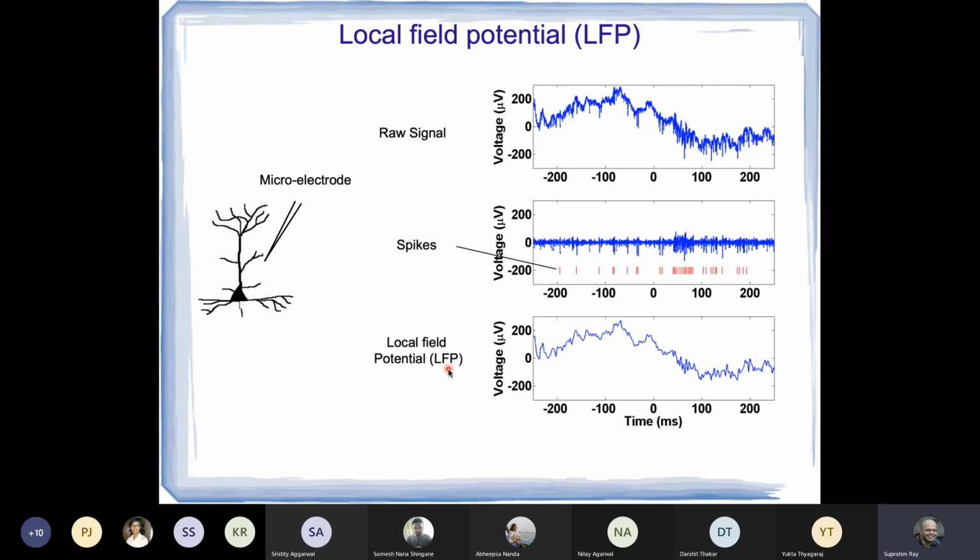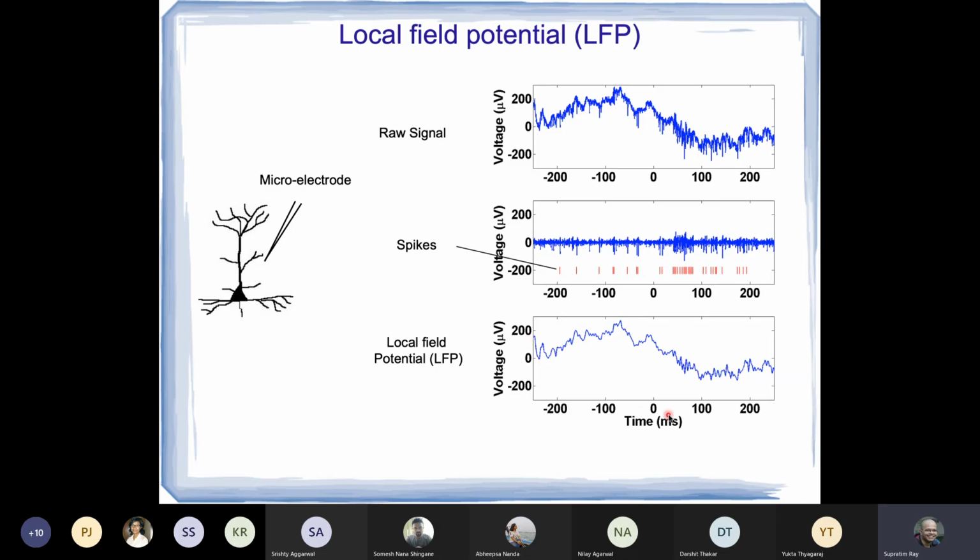It is a signal that is recorded from the same microelectrode that also gives you spikes. It's the low frequency component of the raw signal, so it's obtained by low pass filtering the raw signal. We will talk about filtering and low pass and all of that for the next 10, 15 classes, so you'll get to know what all of that means.